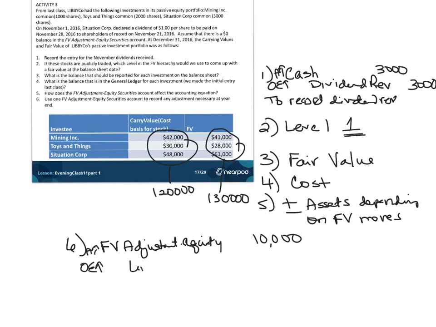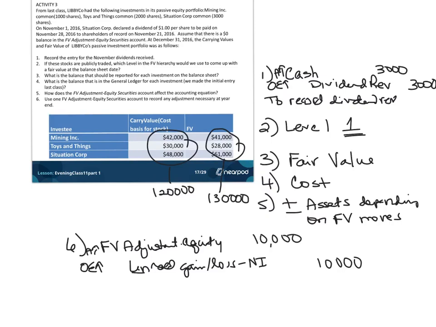And the unrealized gain, remember, because I haven't sold anything, so it's an unrealized gain or loss. This is going to the income statement for passive equity securities. They go to the income statement. All of those value changes flow through the income statement for passive equity securities. So this is what my entry is going to look like.